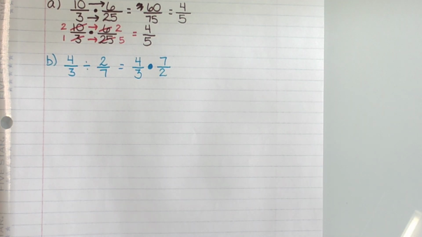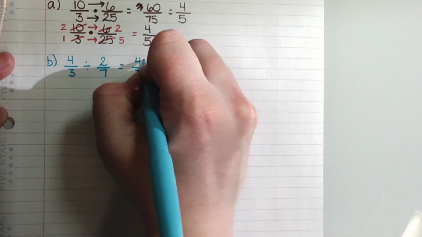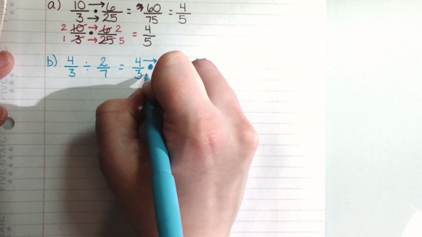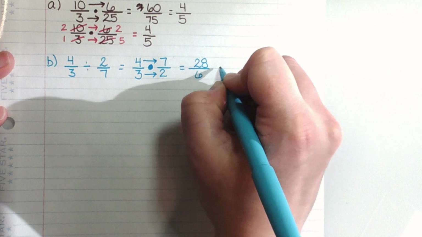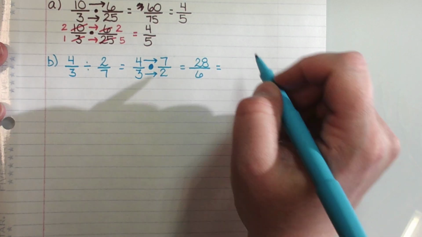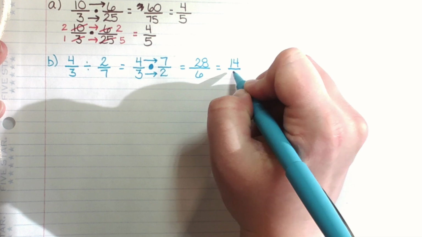Now it's multiply. And to multiply fractions, you can multiply straight across. 4 times 7 is 28. 3 times 2 is 6. They both divide by 2, giving me 14 over 3.